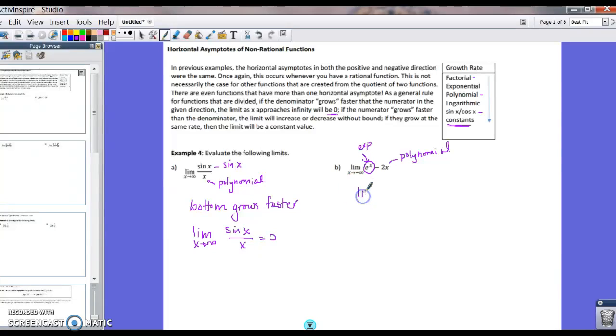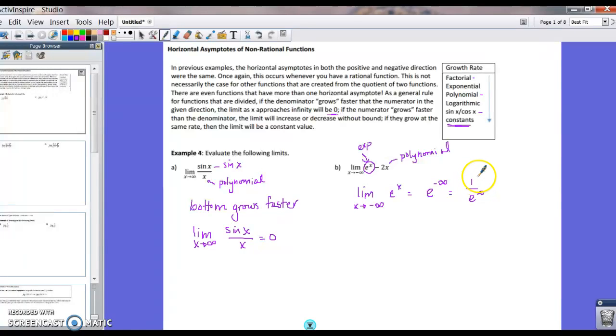So we can really just look at this as the limit as x goes to negative infinity of e to the x. If I were to substitute negative infinity in for x, I would have e to the negative infinity. Remember that a negative exponent takes something from the numerator and puts it in the denominator. So now I do have this idea of something divided by something else, right?